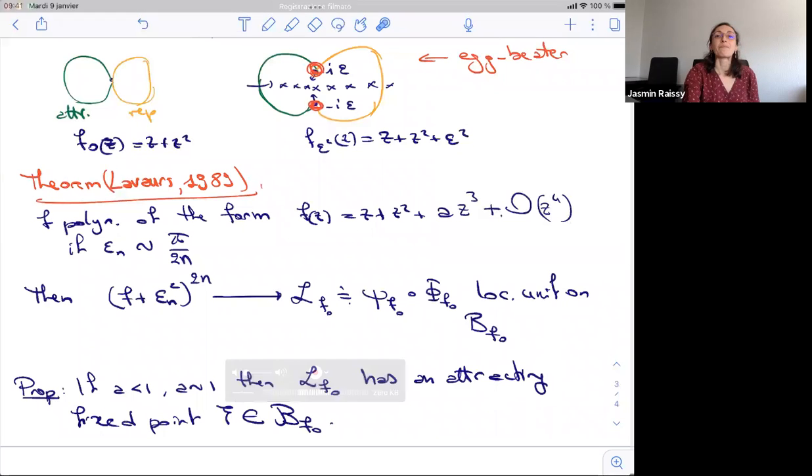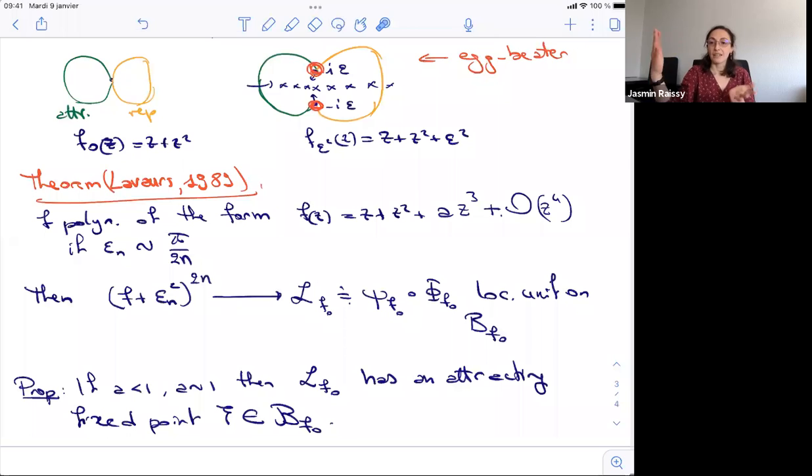But actually, the heuristics, from my very personal point of view, is that once you understand how it works in C2 and C3, dimension 2 and dimension 3, then you more or less have the idea of what happens in higher dimension. The big step is to understand things in dimension 2, and I'm adding dimension 3 because in dimension 2 there is a lot of space, but not quite. Sometimes you need more space to see worse things happening.